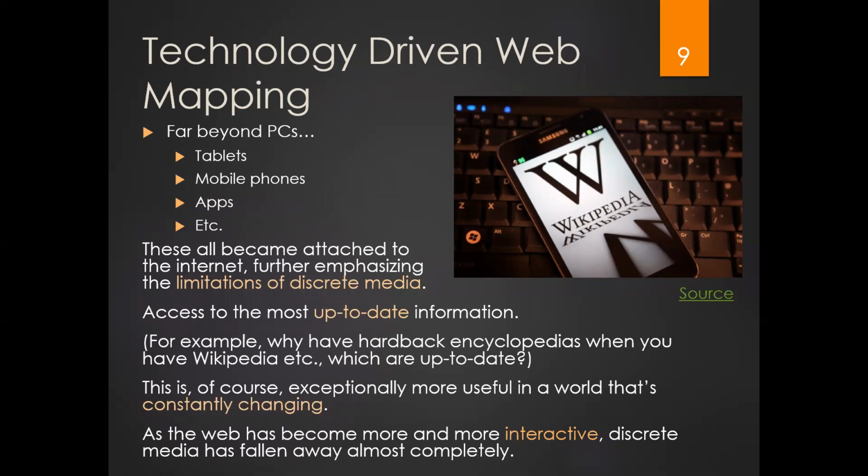So it looks like we don't want discrete media anymore, because today the world is changing pretty fast, and also internet provides a way for us to track this fast changing world, right? And internet allows us to be more interactive, right? When we publish something online, maps or other media, we can interact with other people very conveniently.